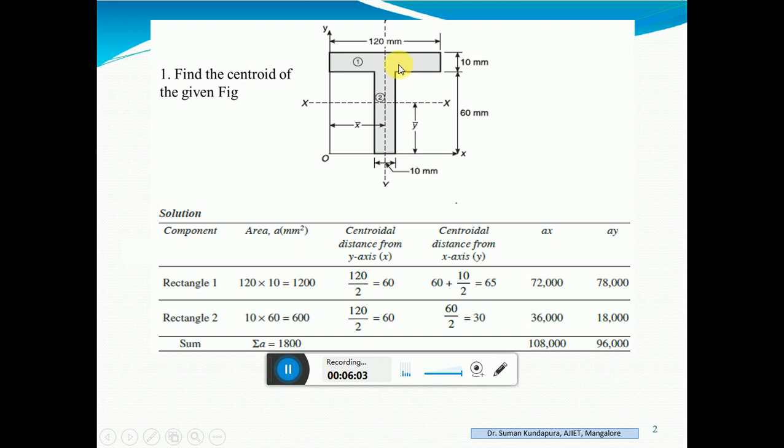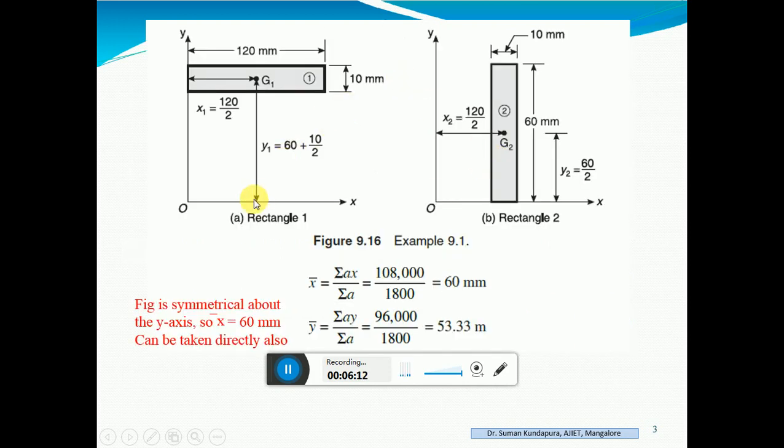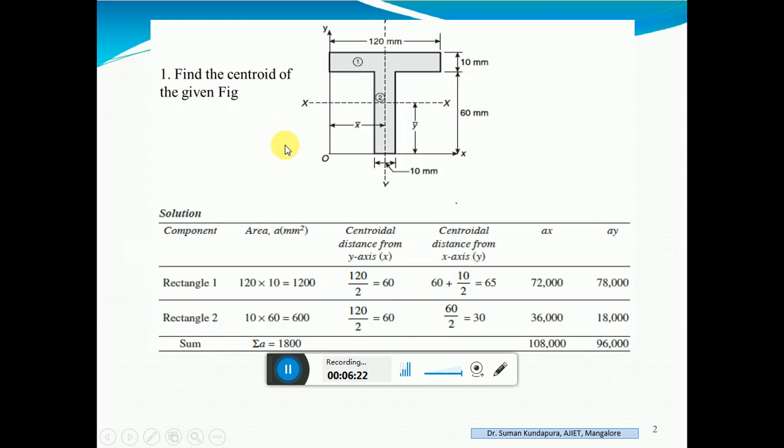After that, d by 2, that is 10 by 2. So, it is 60 mm plus 10 divided by 2. Here the G1 lies of the rectangle 1. So, this is your Y1. So, write it in the place of Y1.